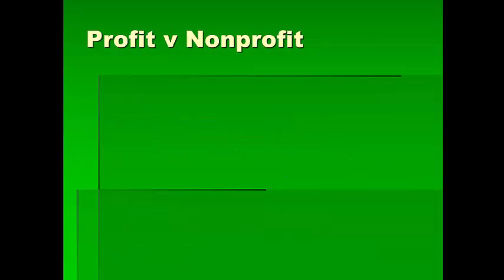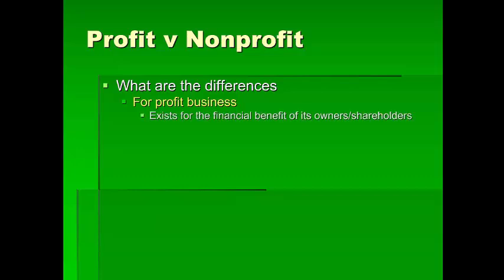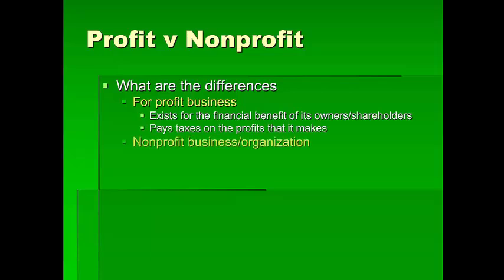What are the differences? A for-profit business exists for the financial benefit of its owners. It pays taxes on the profits that it makes. A nonprofit is for the benefit of society and for doing social good. There aren't any owners with a nonprofit. Unlike a corporation or an LLC where there are shareholders or members, no one owns the nonprofit.